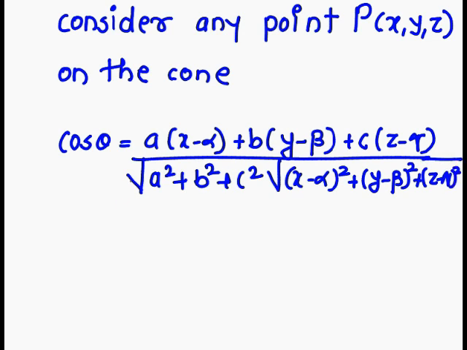So the only thing we need to do is substitute the values of a, b, c, the values of alpha, beta, gamma, and the value of cos theta. So in the next step we substitute all these values to get an equation.